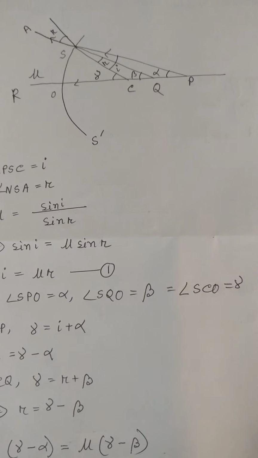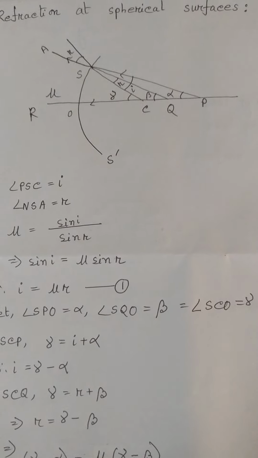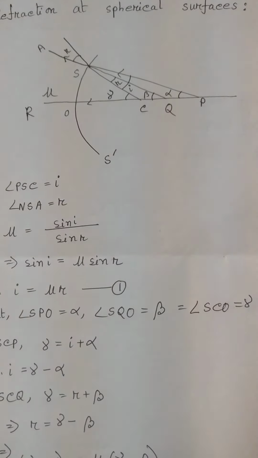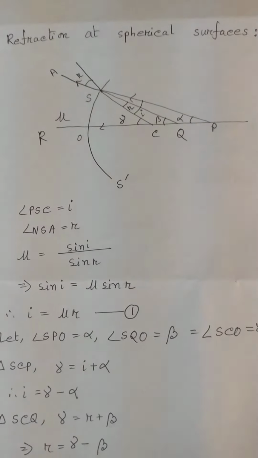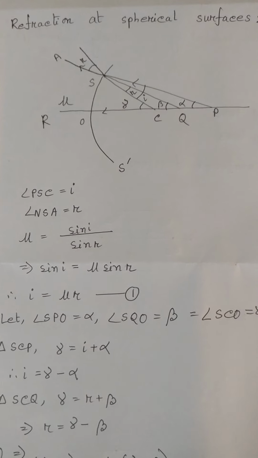In the figure, C is the center of curvature and O is the pole of the spherical surface.